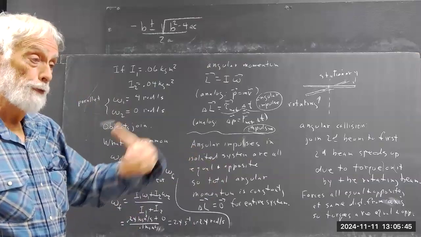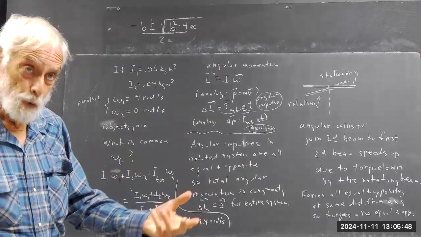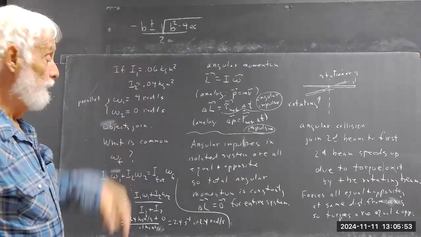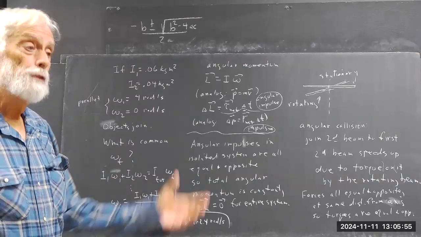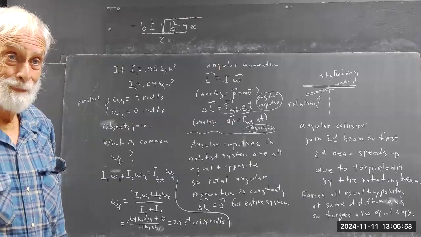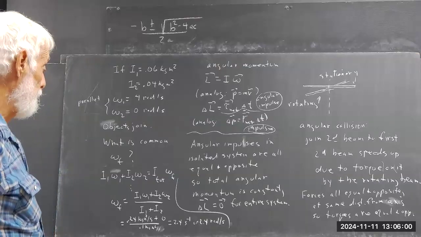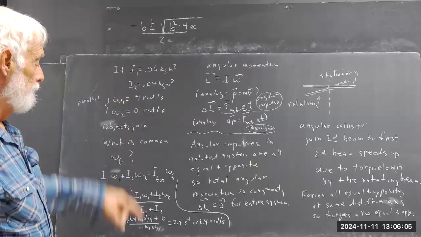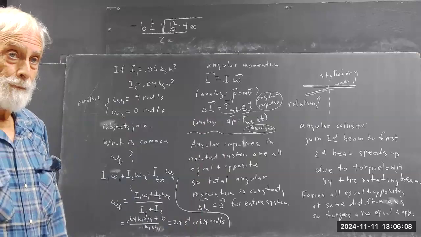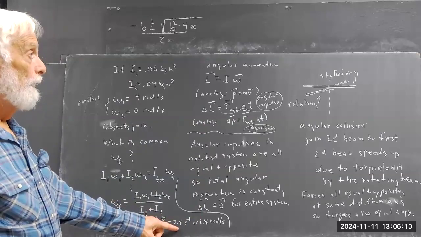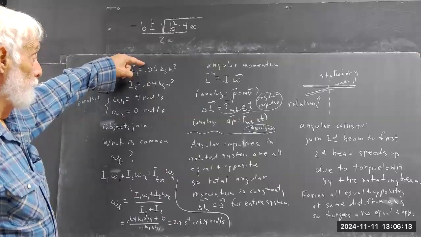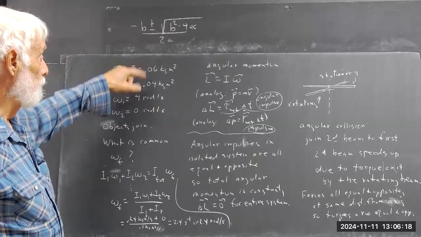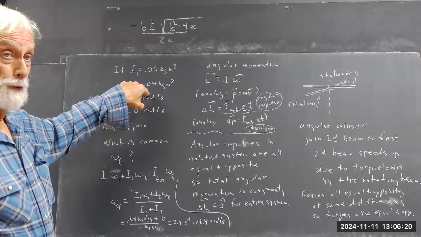What's the ratio of 2.4 to 1.6? It's 1.5. What's the ratio of 0.4 to 0.6? What's the reciprocal of 1.5? It's 2/3. Okay. So this is going to increase its angular velocity by 3/2 as much as this one decreases, because this one is 2/3 the moment of inertia of this one.